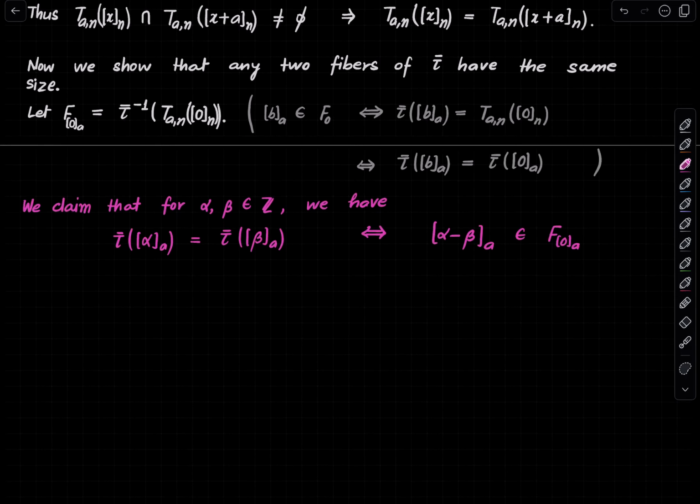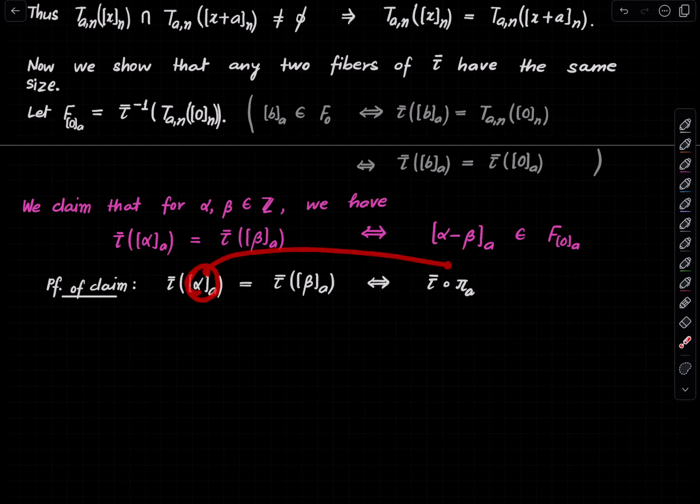All right, so proof of claim. This equation happens if and only if, by definition of tau bar, instead of writing this, I can write pi a of alpha equal to tau bar composed with pi a of beta.